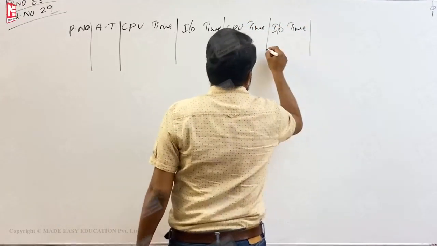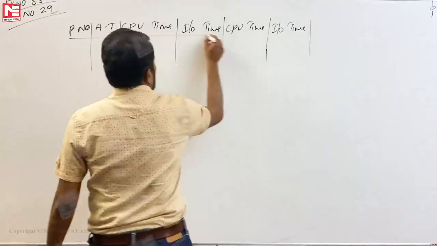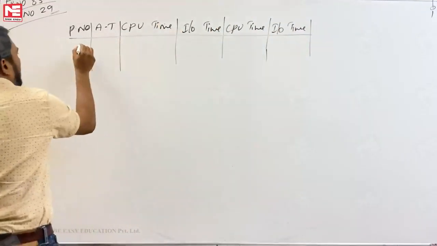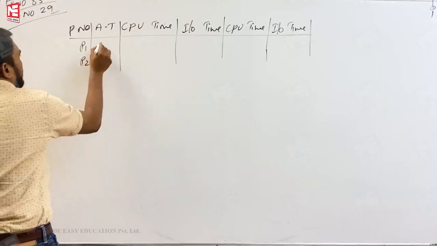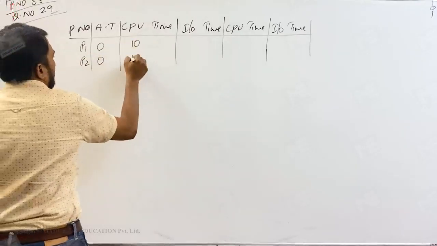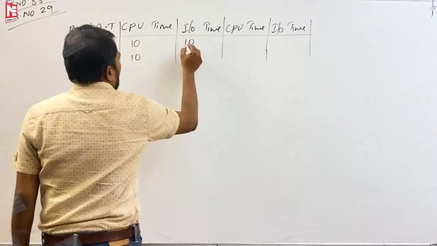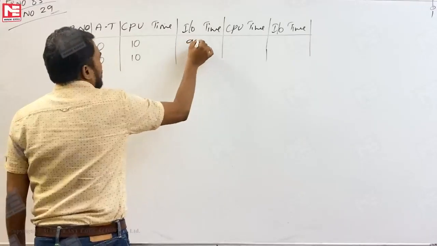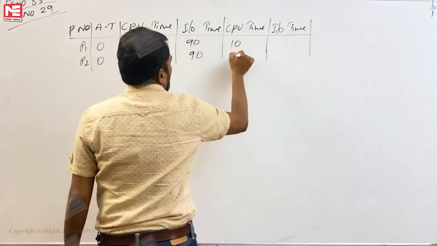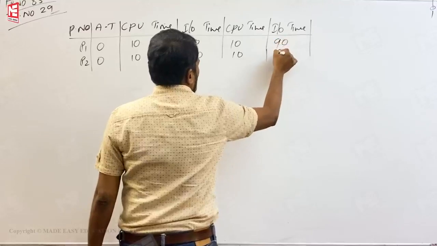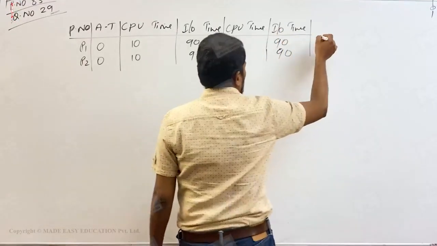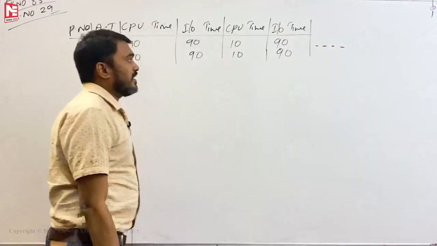The processes alternate like this: CPU time, IO time, CPU time, IO time. You have two processes P1, P2, and arrival times are 0, 0. Look here, CPU time 10, IO time 90, 90. Both alternate 10 seconds of CPU time, 90 seconds of IO time, and the same thing will continue like this.